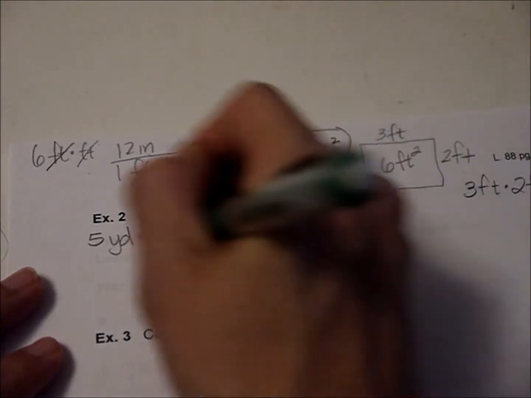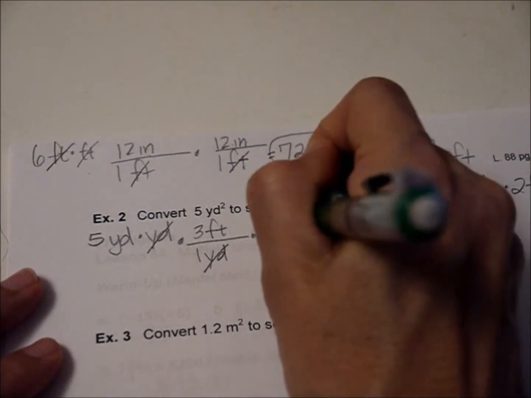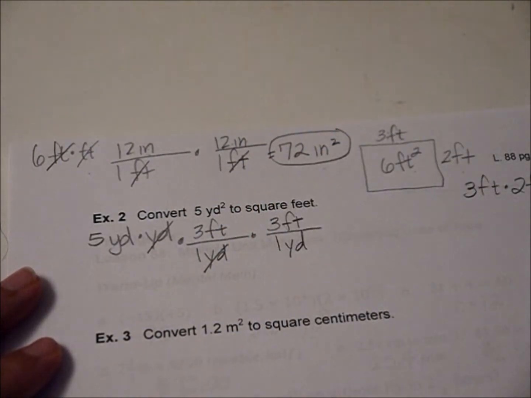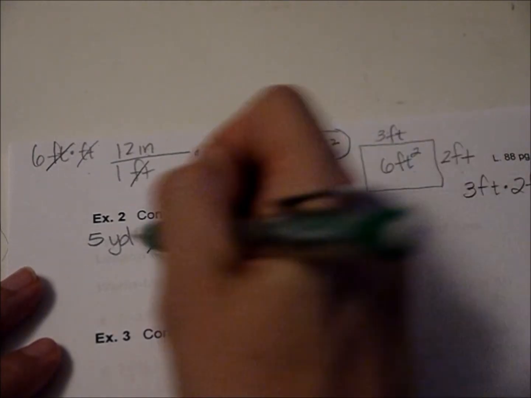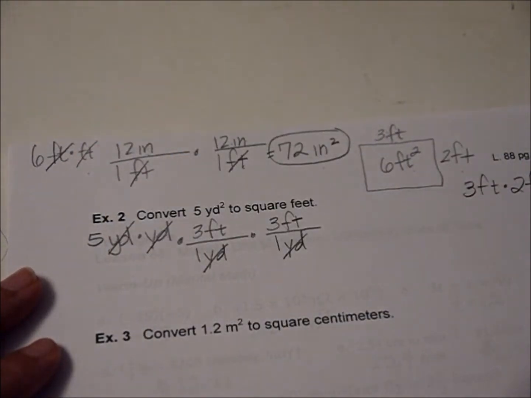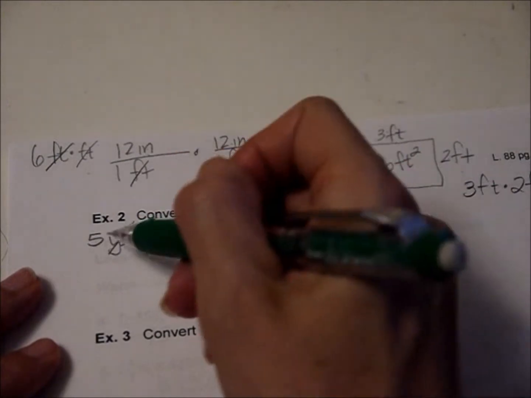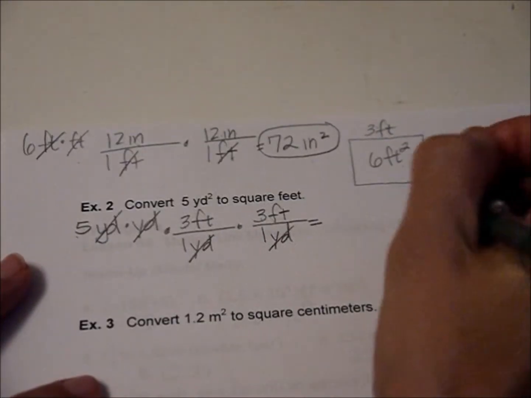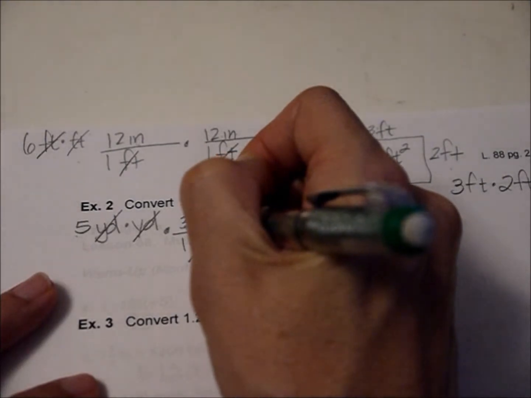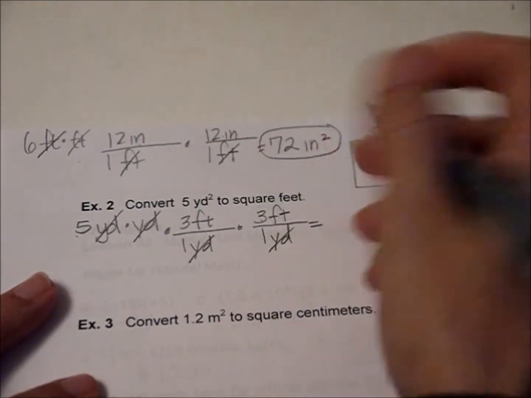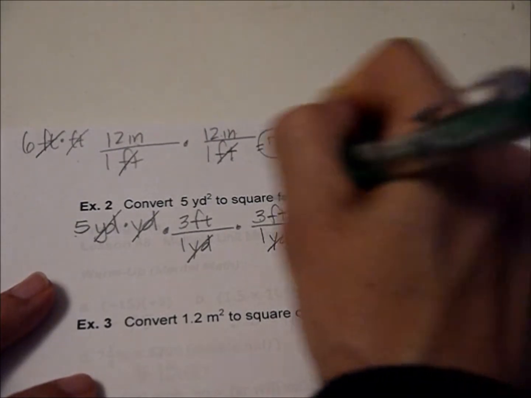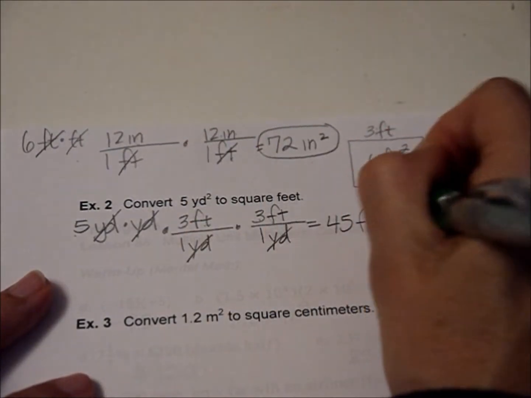But in order to get rid of that other yard, we're going to do the same thing again. Okay, and when we do that, the yards cancel out. And now we have 5 times 3 times 3. Okay, 5 times 3 is 15. And 15 times 3 is 45 feet. And there's 2 of them. So we're going to say feet squared.